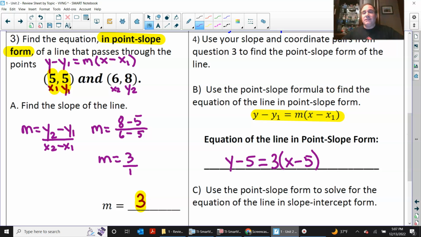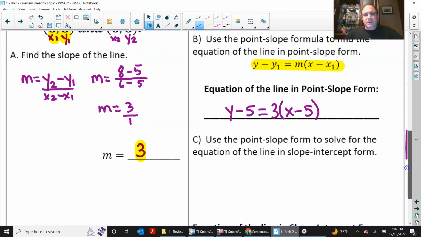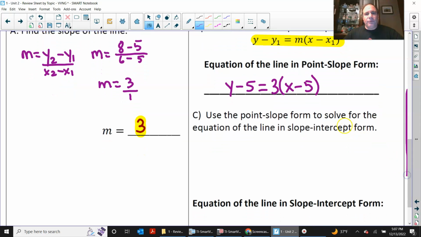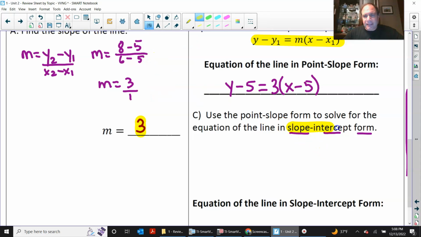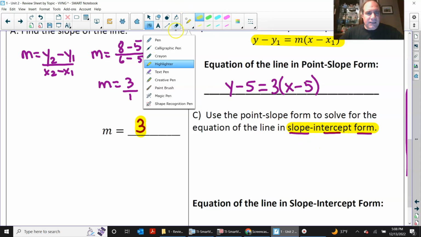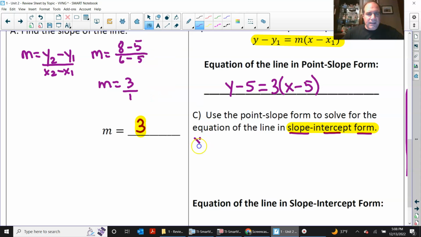But for C, going forward, use the point slope form, this, for the equation of the line in slope intercept form. Remember, slope intercept form is our favorite: y equals mx plus b.